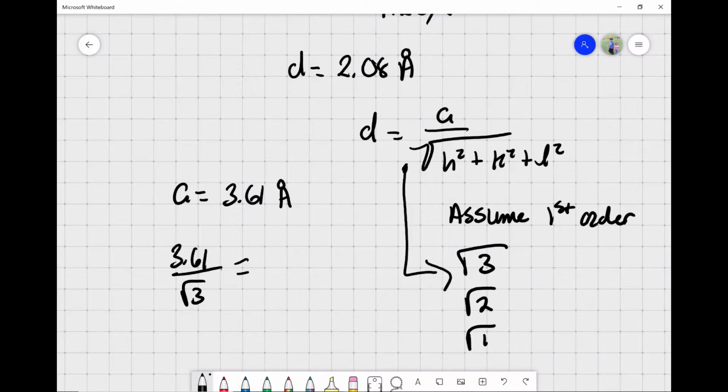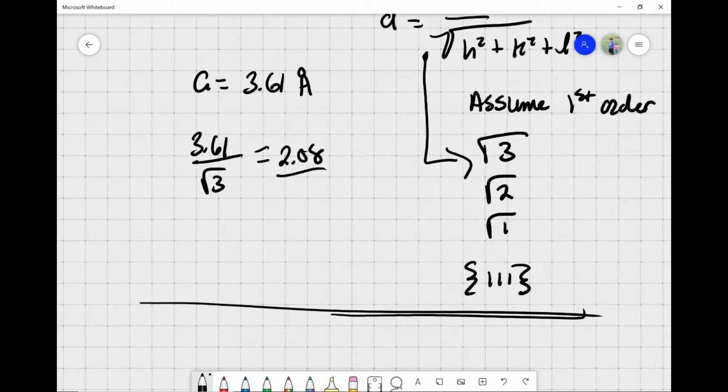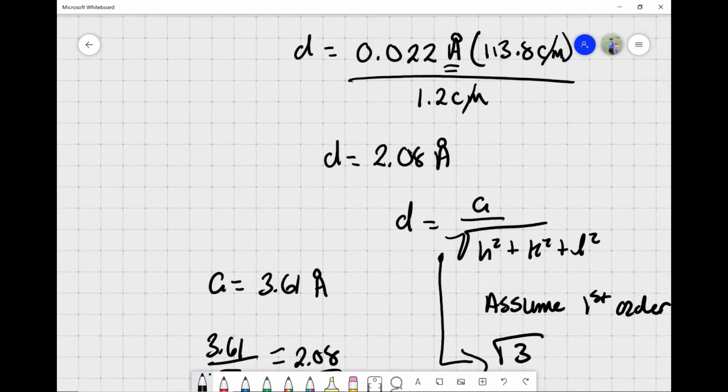If it doesn't equal 2.08, we'll move on to our next spacing. And 3.61 divided by square root of 3, I got 2.08. So we know now that we're looking at a 111 family of planes by solving it that way. Hopefully this is insightful and helps you approach these kinds of problems.